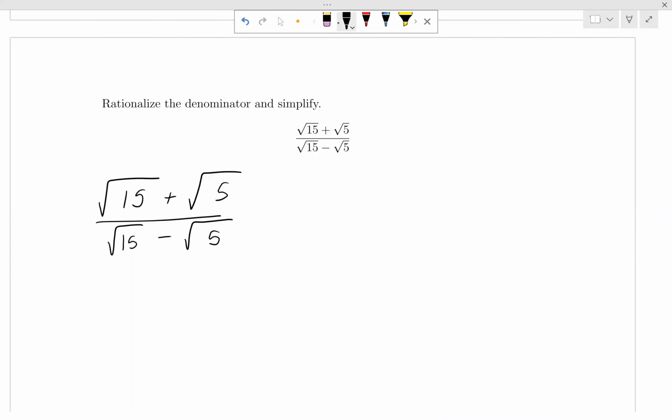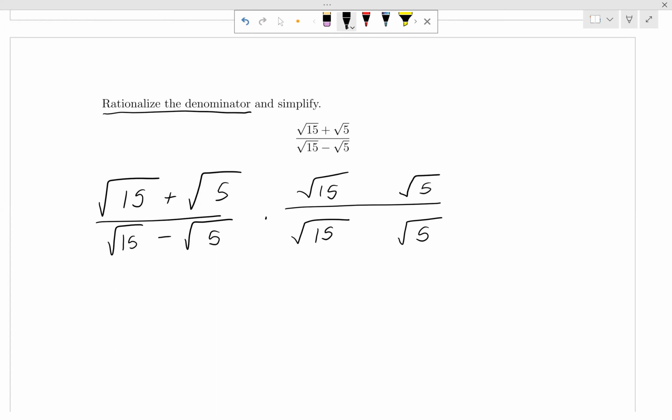So whenever it says rationalize the denominator, that means we're going to multiply by the denominator with an opposite sign. So we're going to copy and paste exactly what the denominator says without any signs attached. And looking right here, this negative sign, I'm going to put positive signs over here.